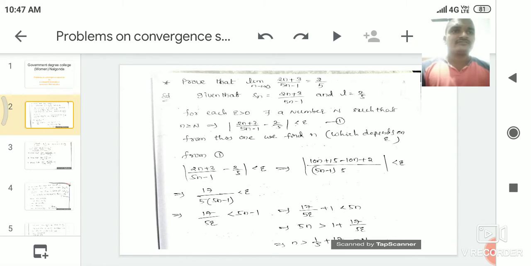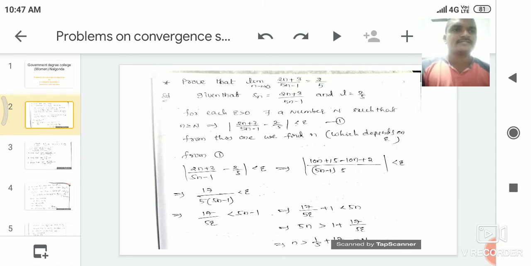Here we consider, for each epsilon greater than 0, there exists a natural number N such that n greater than or equal to N implies mod... So what is the definition of convergent sequence? Let Sn be any sequence and there exists a real number L such that mod Sn minus L less than epsilon.